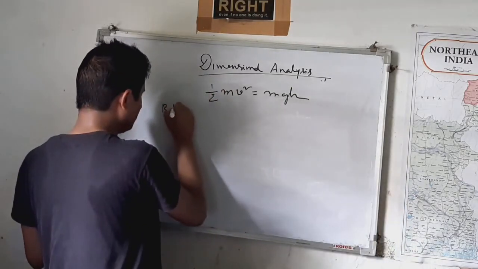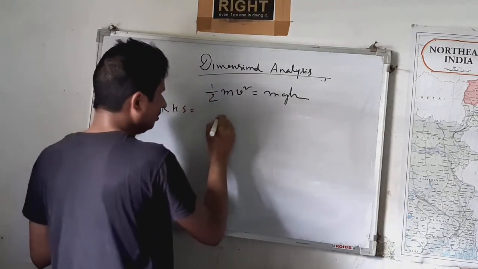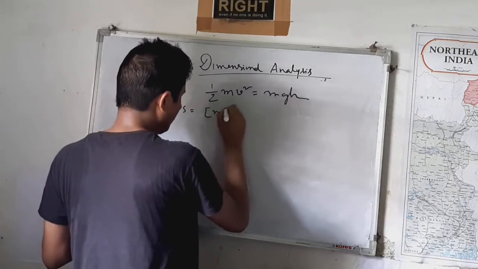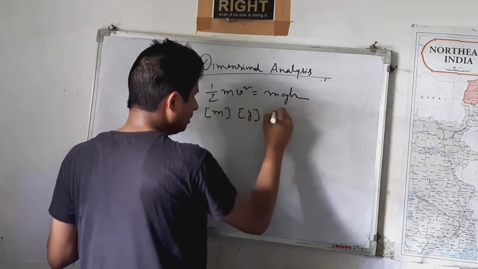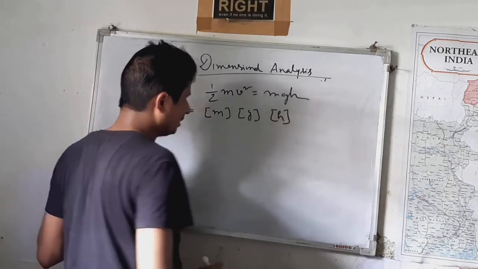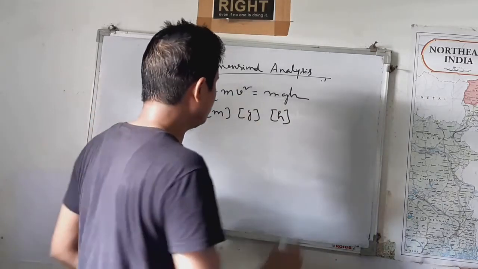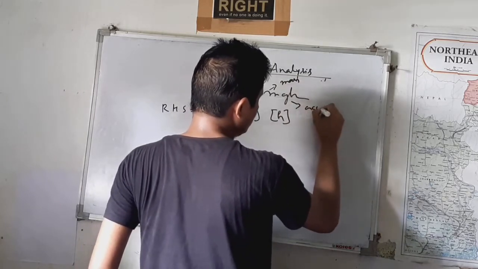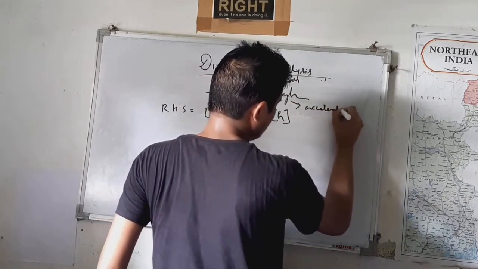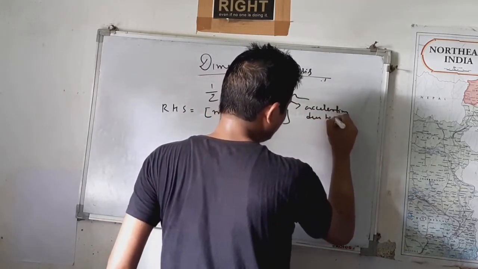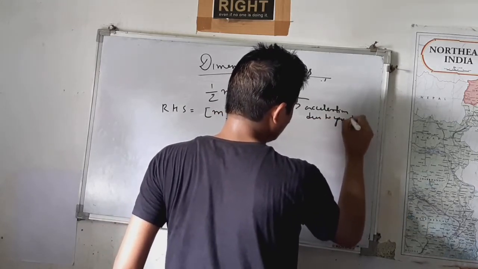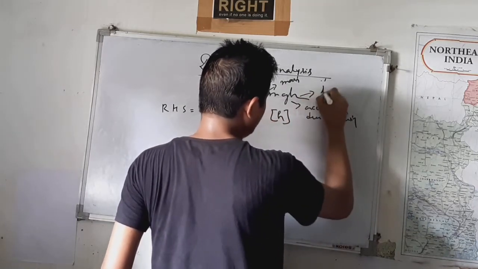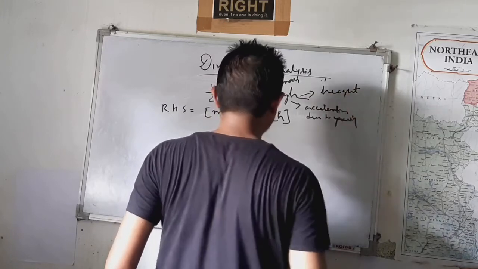So the right hand side is equal to mgh, and we need the dimensions of m, g and h, where m is the mass, g is the acceleration due to gravity, and h is the height.